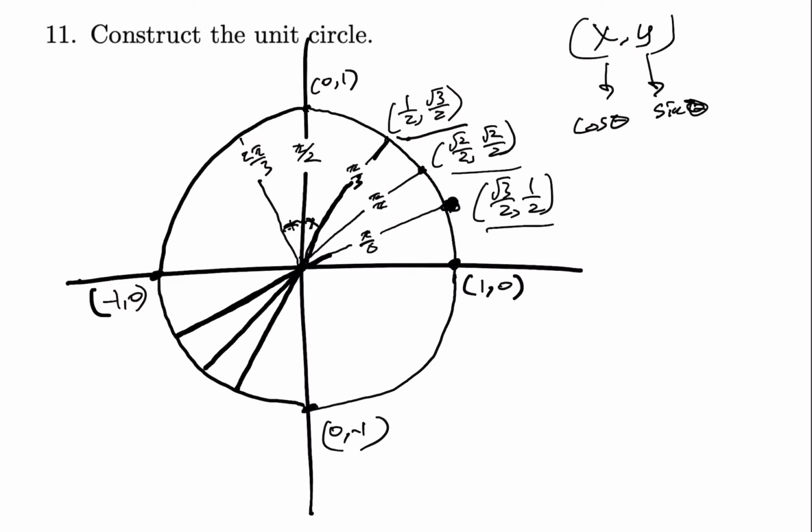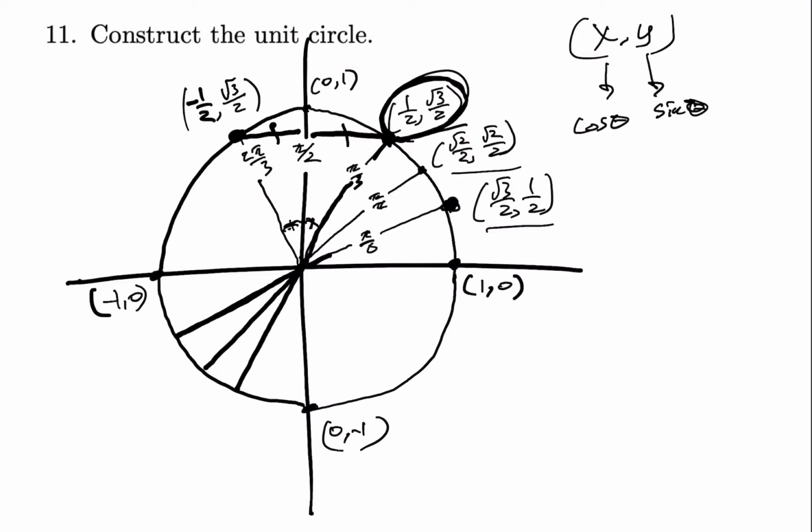So that means we're reflecting this point right here across the y-axis. The height is the same, so we have square root of 3 over 2. And the x value, this distance, is also the same as this distance, but because it's negative, we have negative half.